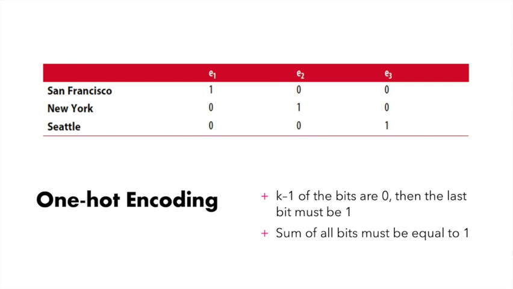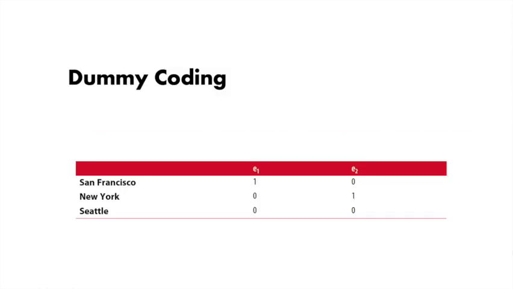But we have 3 digits here, one more than what we actually need. In the next one, we kept Seattle as a reference point with 0, 0, then New York has the digit 1 in the second place, and San Francisco in the first. So, as you see, it simplifies matters, and at the end it will help with the interpretation of the model.